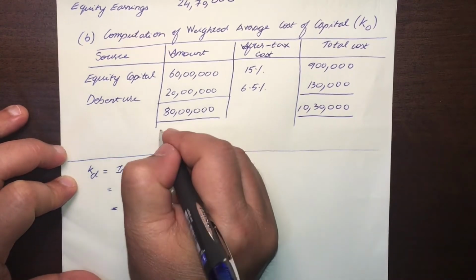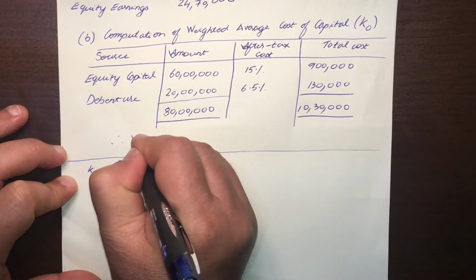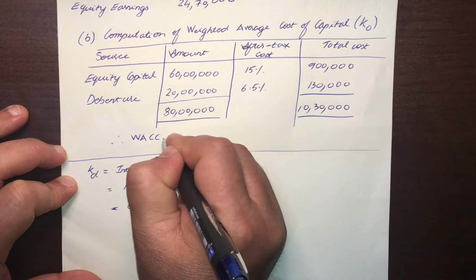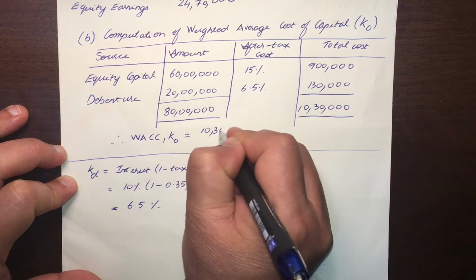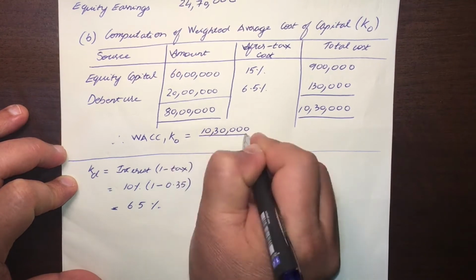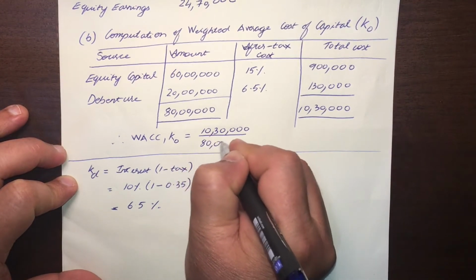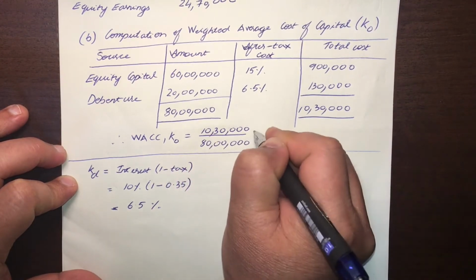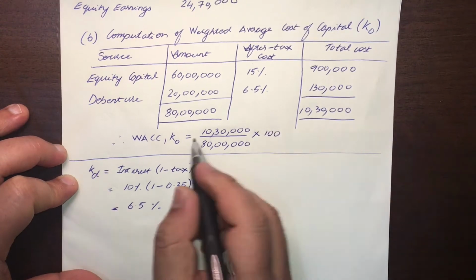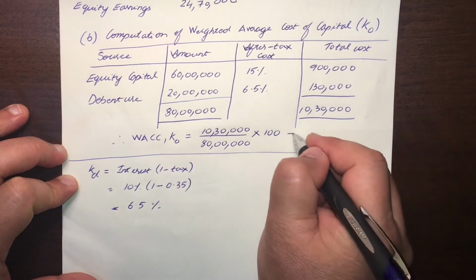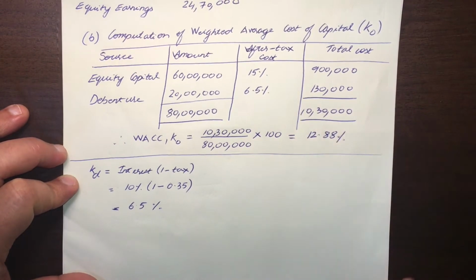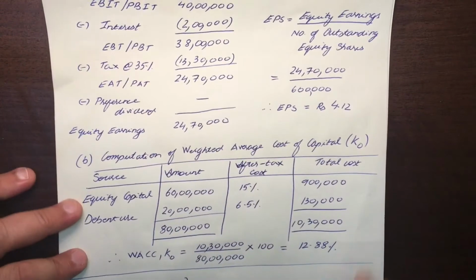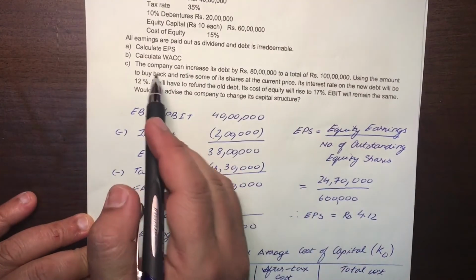All right, so therefore WACC, KO, is equal to 10 lakhs 30,000 divided by 80 lakhs into 100. Now if you calculate, it'll come to 12.88%.